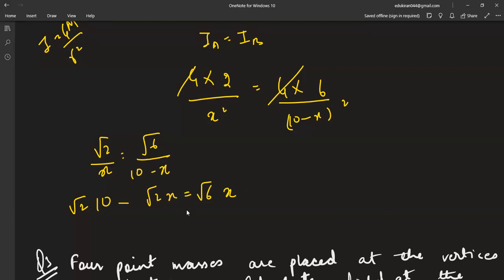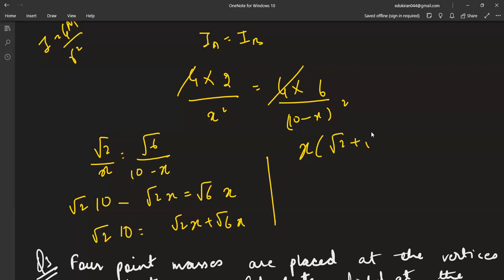Yes. So shift this on the other side. Root 2 into 10 will be equal to root 2 x plus root 2 into 6. Now see, from here, if you take x common, this is root 2 plus root 6, equal to 10 root 2. So x is equal to 10 root 2 divided by root 2 plus root 6.